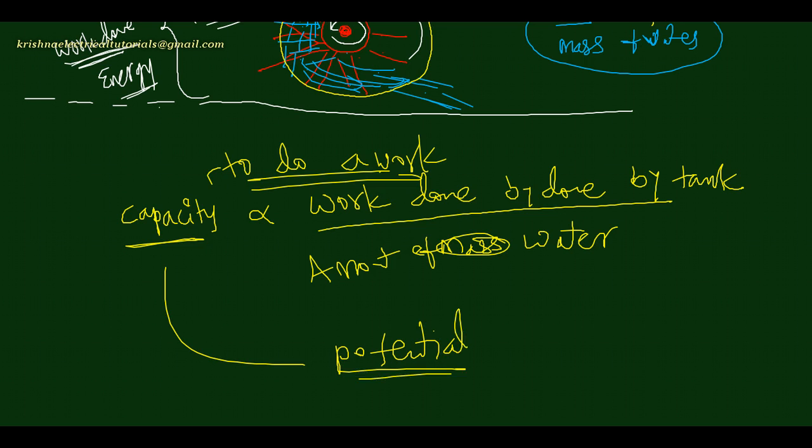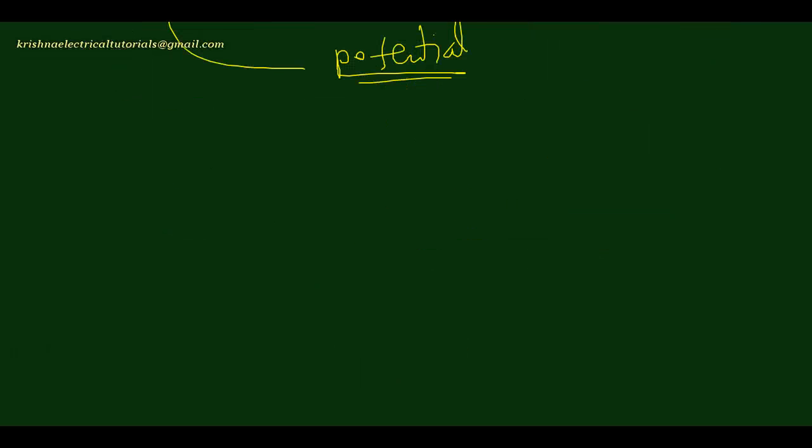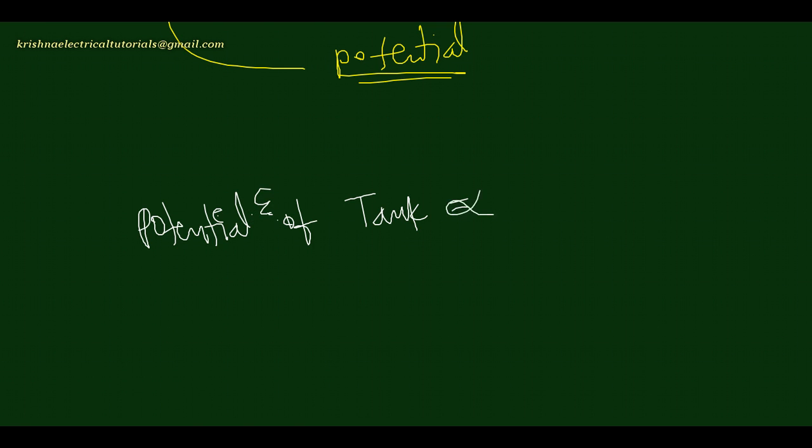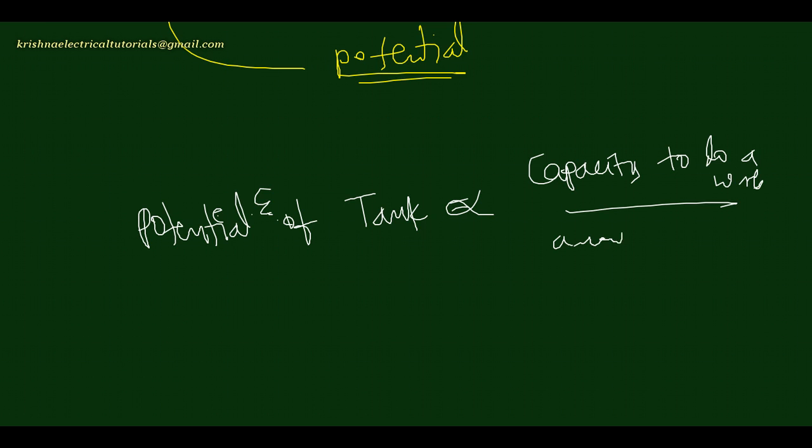So now I can say that the potential of the water tank, or potential energy of the water tank, directly depends upon the capacity to do work, capacity to do work per amount of water, right? So we will use the same analogy for the electrical domain.